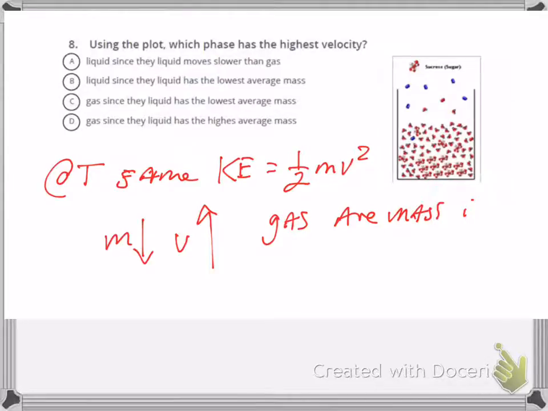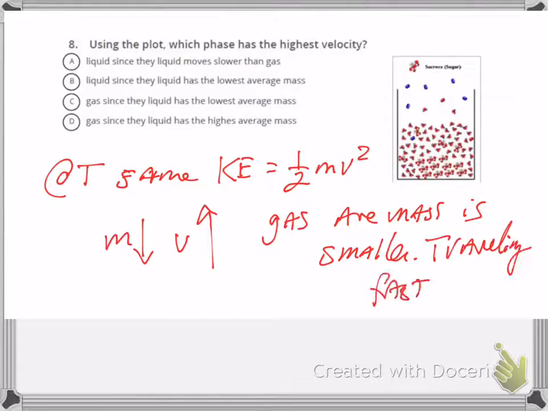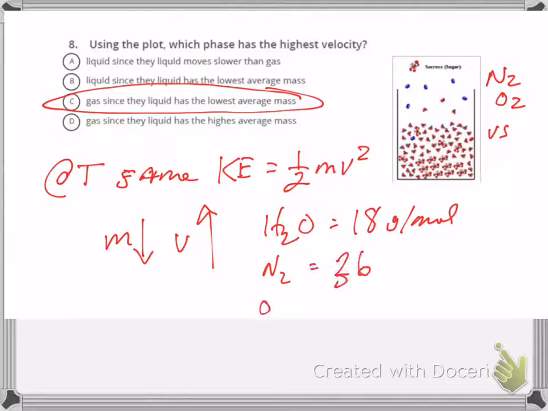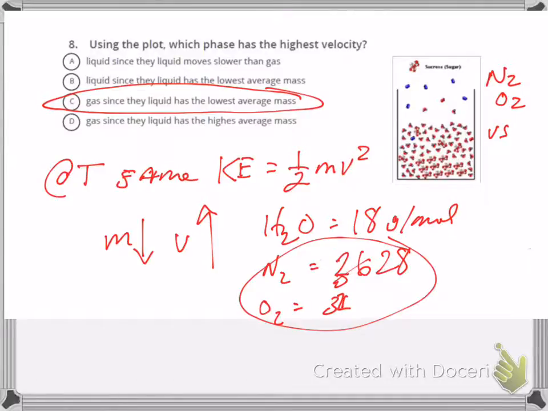And if we do that, one might be tempted to say, oh, the gases are the lightest, right? Because they're in the gas form. But we have to keep in mind that those gases are made up of nitrogen, oxygen, and water, and on average, those are going to be slightly heavier than water. Water is 18 grams per mole, oxygen's 32, nitrogen's 28.